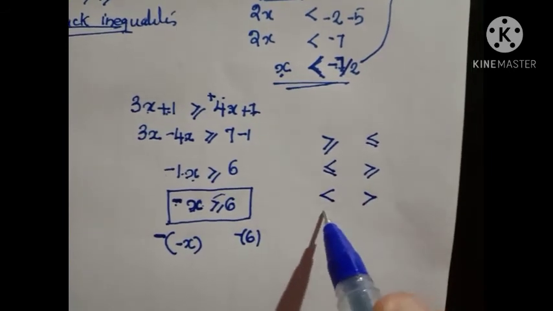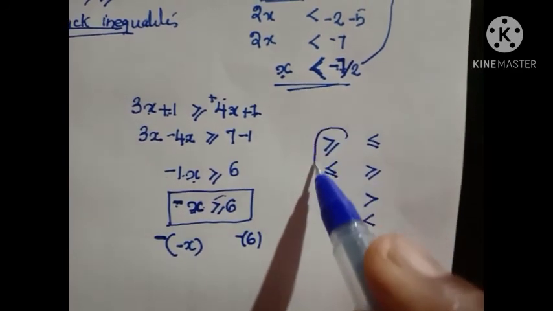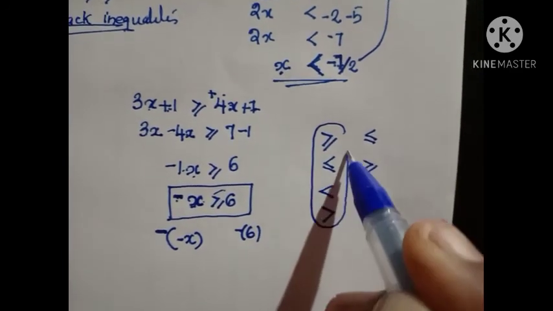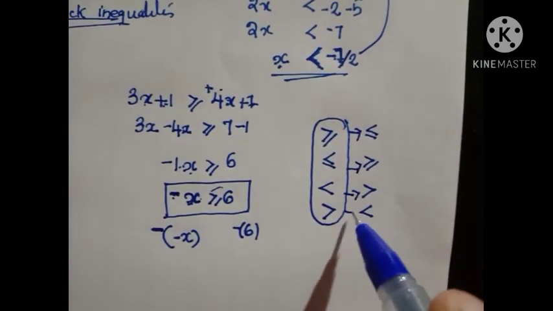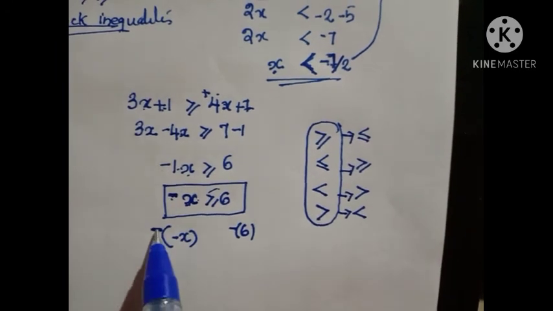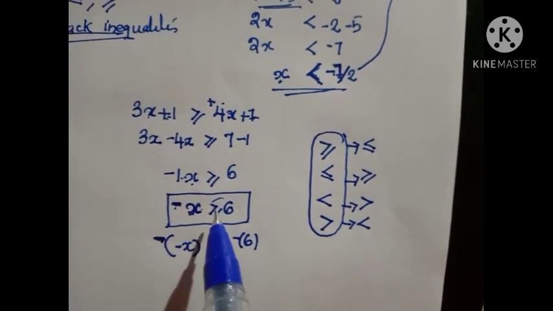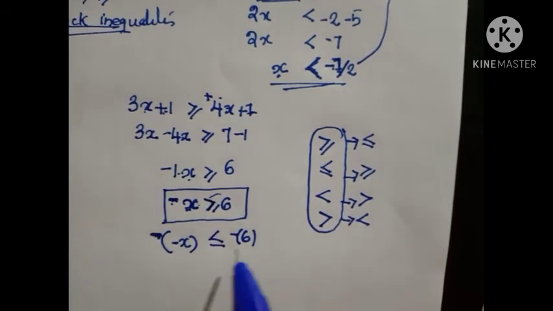And in the case of greater than, it becomes less than. That means if we multiply with a negative sign, the inequality will change. Please note down: the inequality will change. So here we multiplied with a negative sign, so naturally this greater than or equal to becomes less than or equal to.